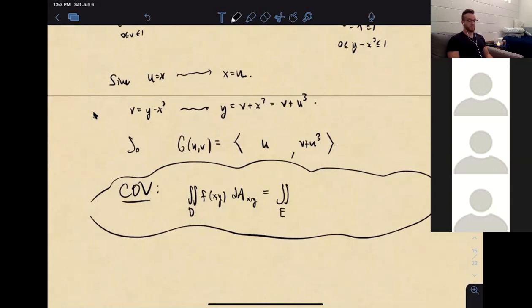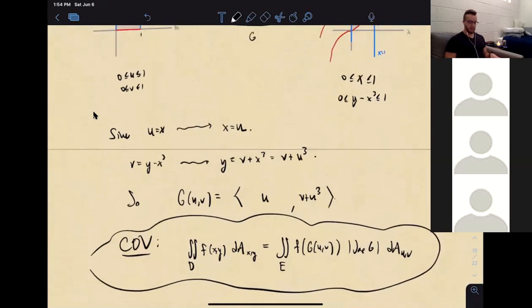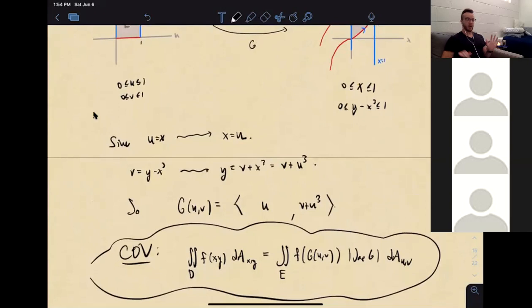And then as I've labeled things, you change the function using G, and then you multiply by the absolute value of the Jacobian of G. And there's kind of nothing you can do about that formula. Like it or not, that's how changing variables works. That was kind of the whole point of learning about the theory of changing variables.